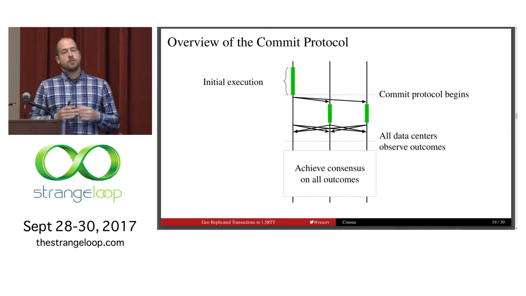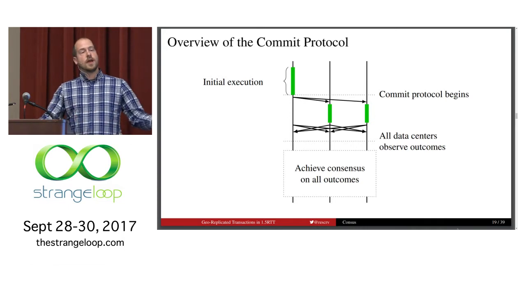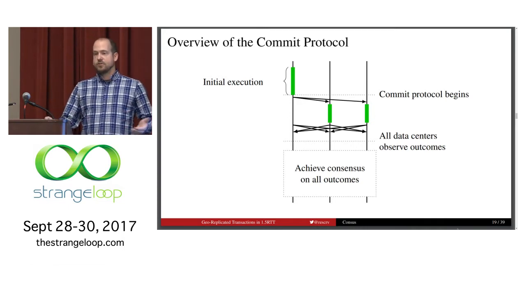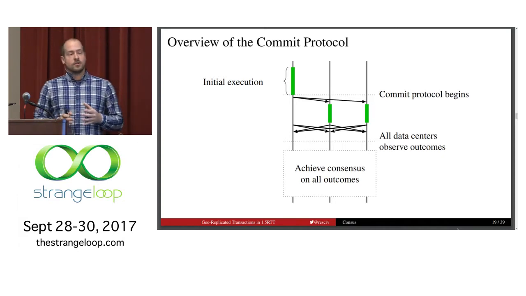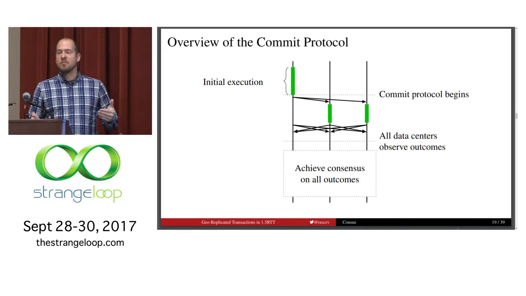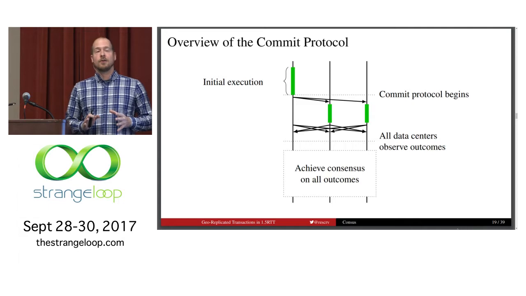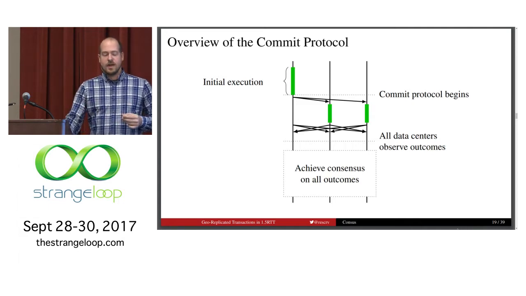Those 2 other data centers will play the transaction and then broadcast the outcome of the transaction to others. And so by the second dotted horizontal line, every data center will have observed the outcome from every other data center, knowing whether a majority have committed. And then we need to somehow achieve consensus on those outcomes.